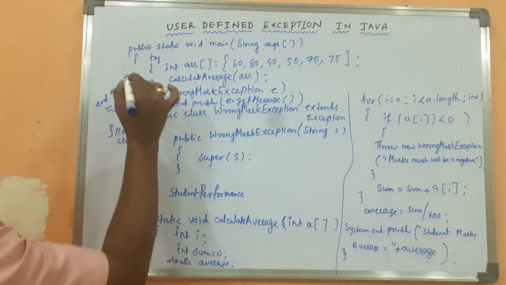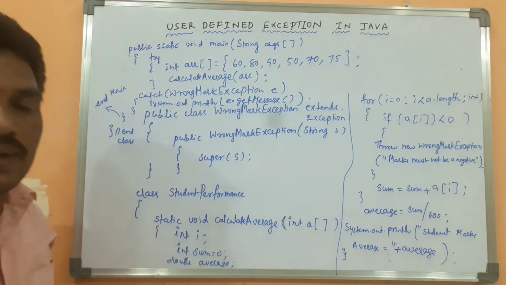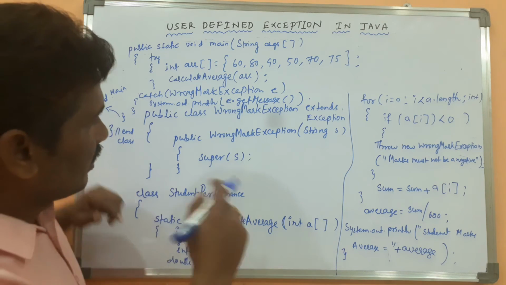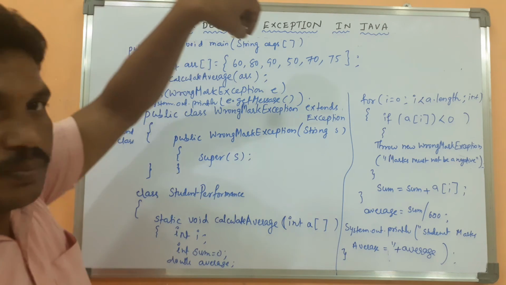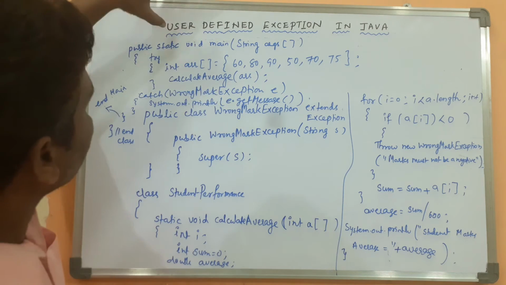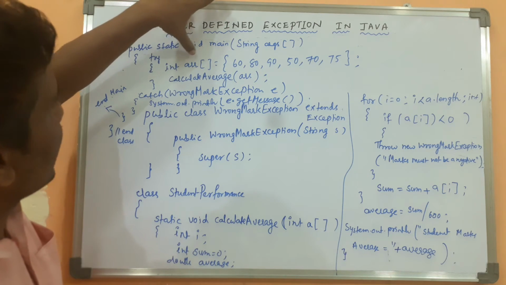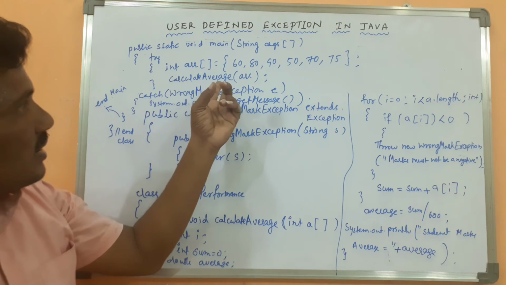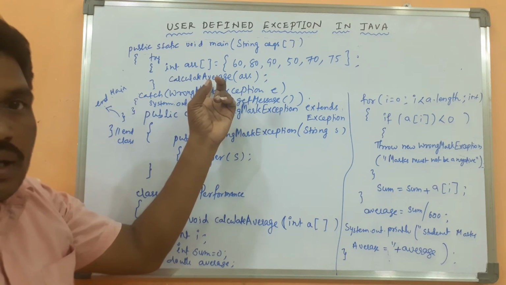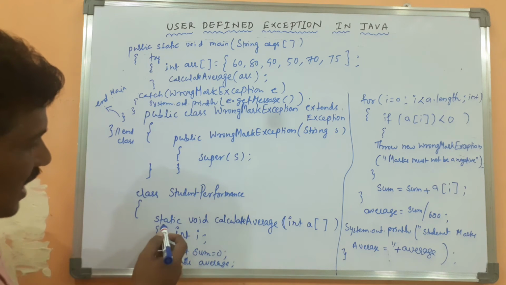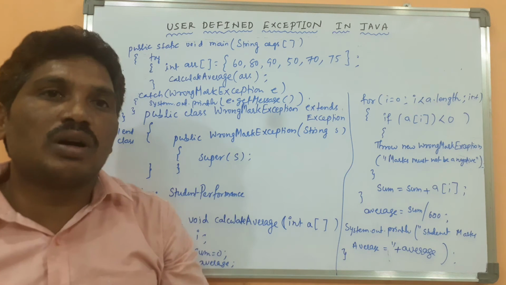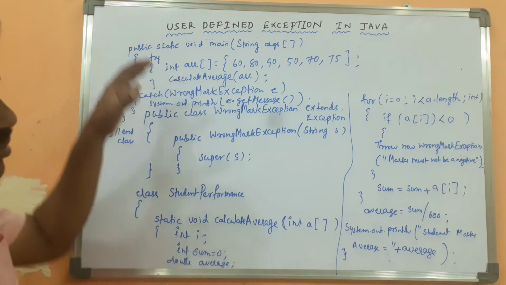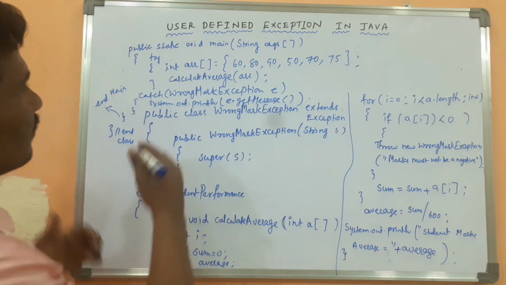First of all, please listen carefully. The execution of the program starts from the main function. Here the array is initialized with some marks. Then this method is called without any object, that's why I use the static method. A static method is called with the help of the class name, or the class name is actually not required within the same class.